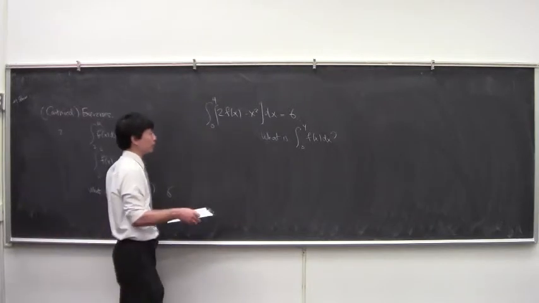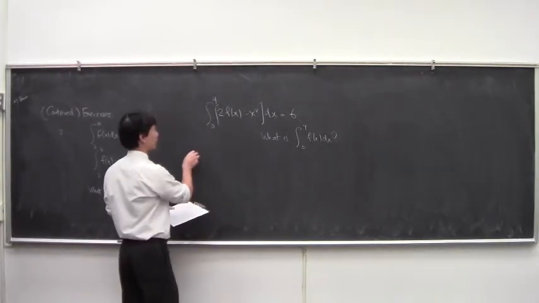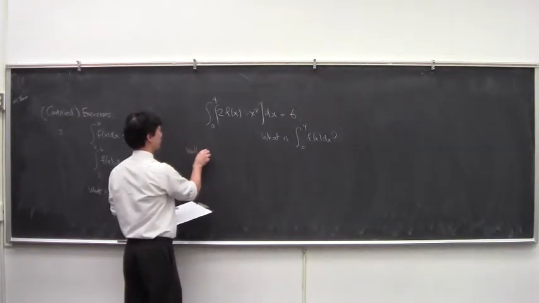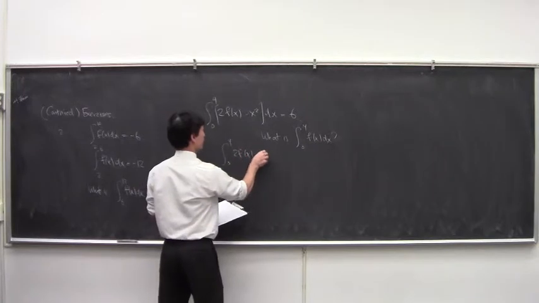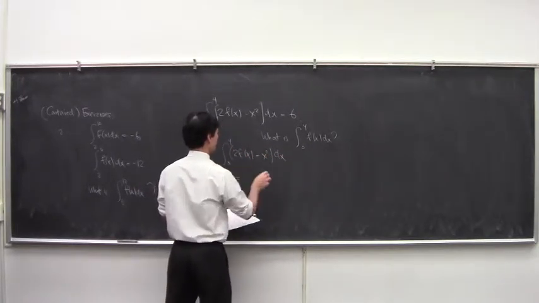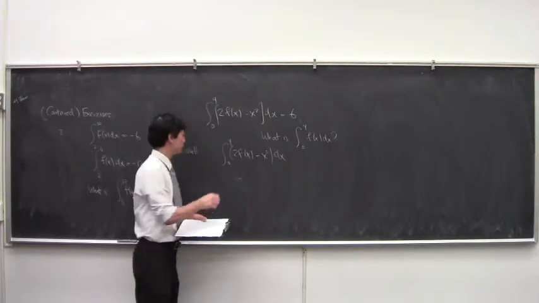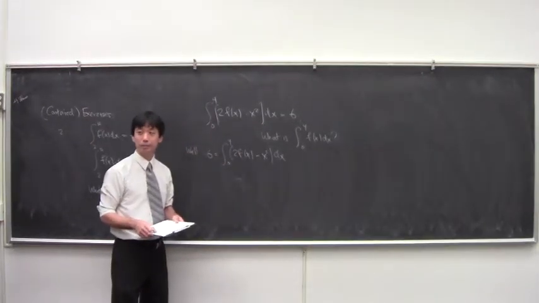Okay, somebody tell me, even if you haven't done it, how to do it. What should I do? Well, this thing is the integral from 0 to 4 of 2f(x) minus x squared dx. Does anyone see how to do it? Ellen? Do you split them out?